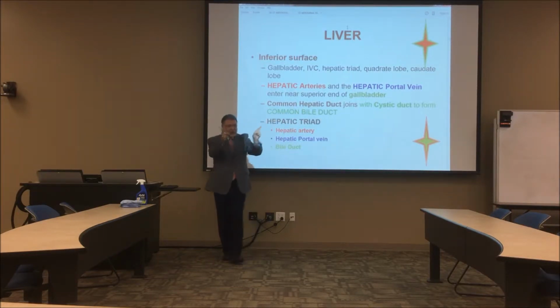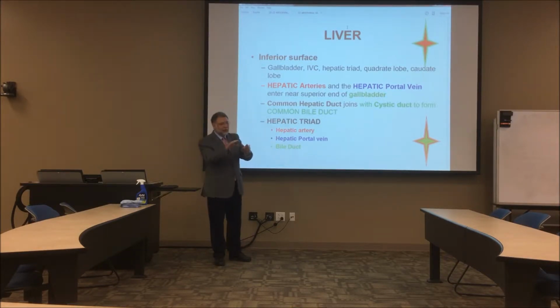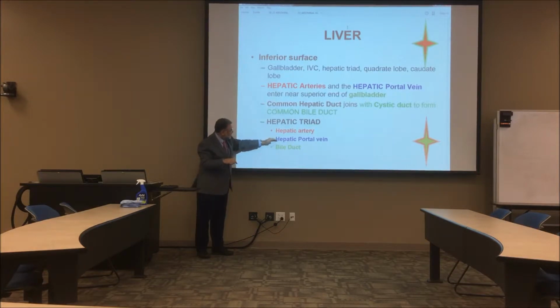You're going to have at least two, and you have the cystic duct that goes from the gallbladder. These join to form the common bile duct. The hepatic artery, hepatic portal vein, and bile duct, all of these are considered the hepatic triad.